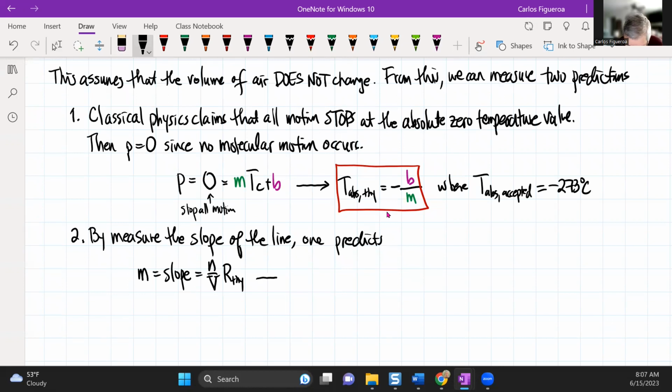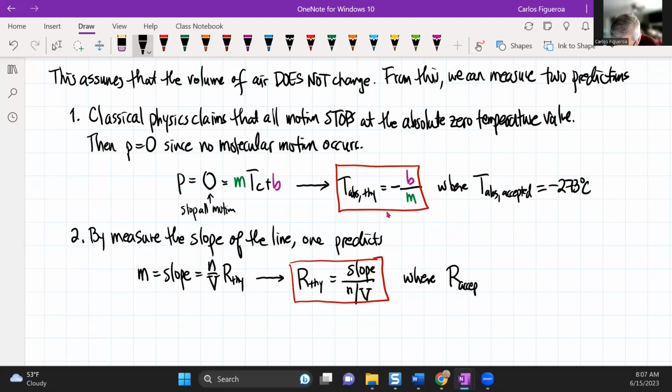So again, we can then predict this here by having our slope measurement divided by the value N divided by V here. Where we know that the accepted value of the gas constant is equal to 8.31 joules per mole Kelvin. That's what we need to do right there.